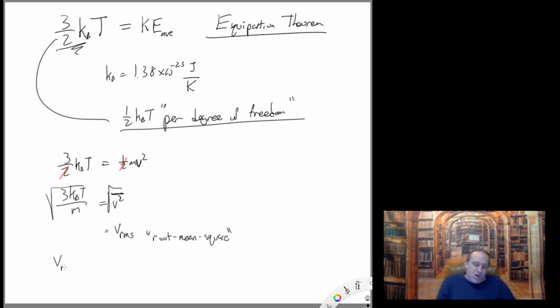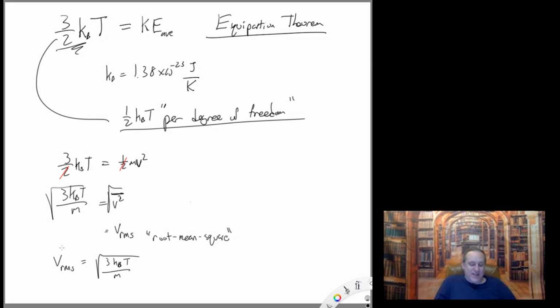So the RMS velocity is kind of like the average velocity, but it's not identical. It's kind of like the average speed. And the formula is 3k Boltzmann T over the mass of the particle. What this does is give us a ballpark way of estimating the speed of particles.